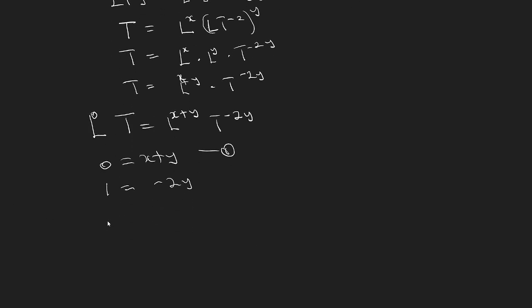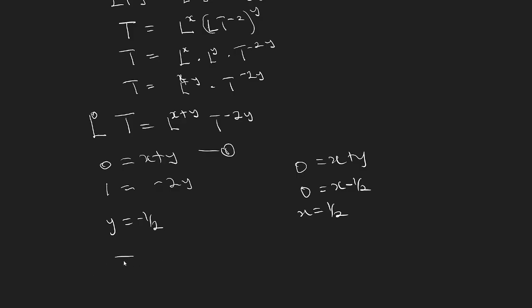We have y being equal to negative 1 on 2. If y is negative 1 on 2, then from 0 equals x plus y, 0 equals x minus 1 on 2, so x will be equal to 1 on 2. So now we know x and y.